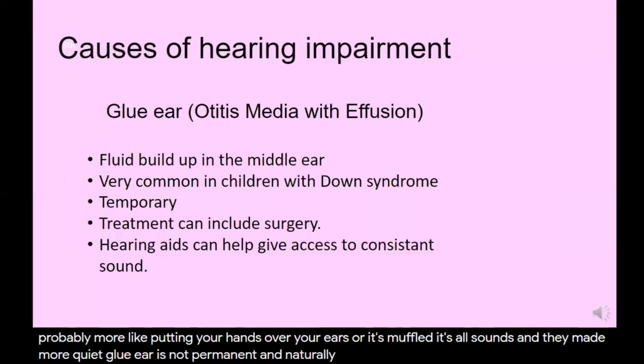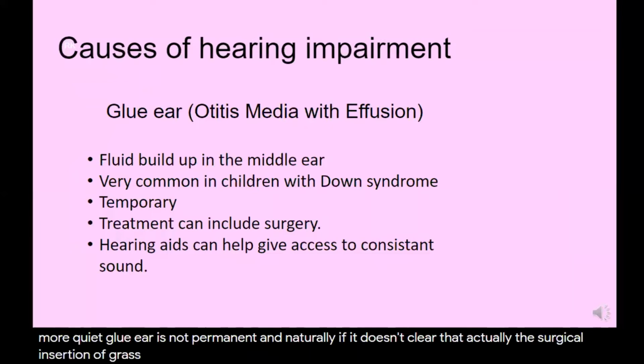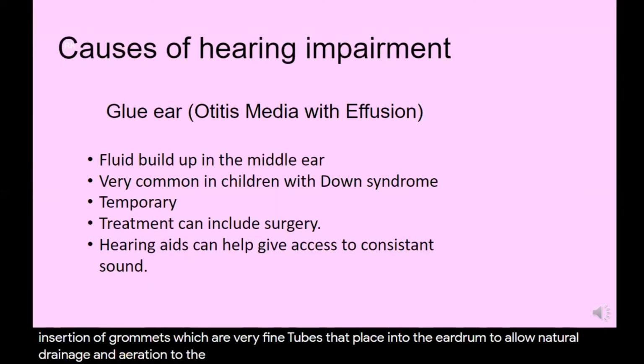And if it doesn't clear naturally, grommets, which are very fine tubes that are placed into the eardrum to allow natural drainage and aeration to the middle ear, can be surgically implanted. And actually, that's a very common surgery.